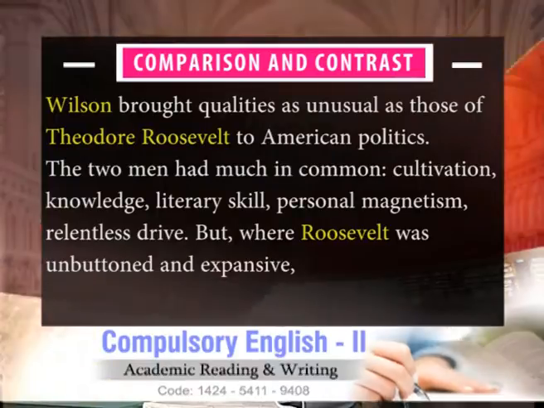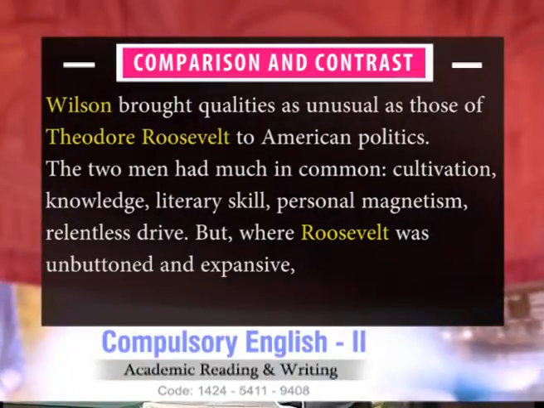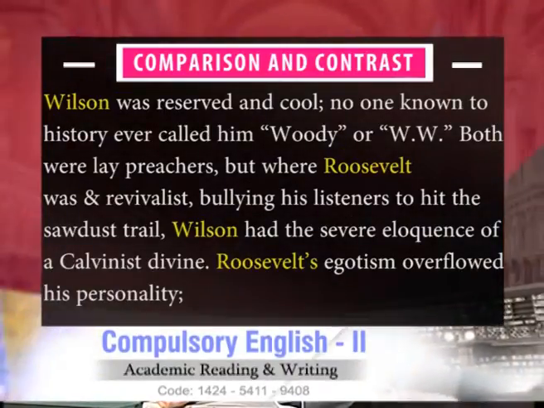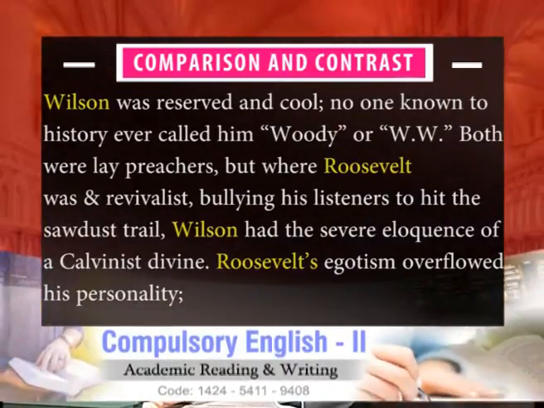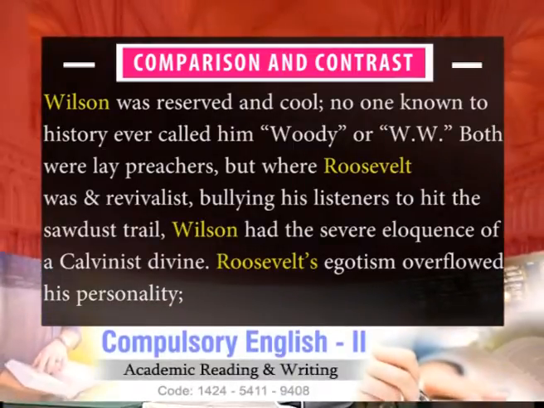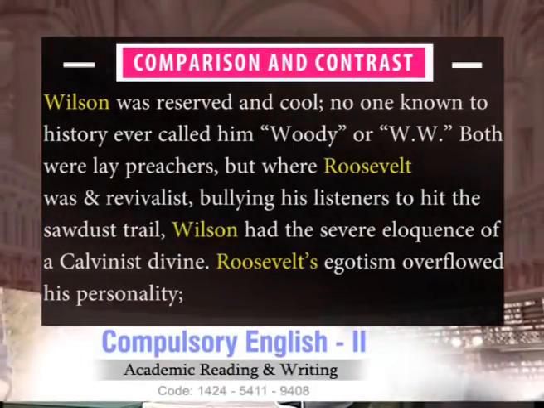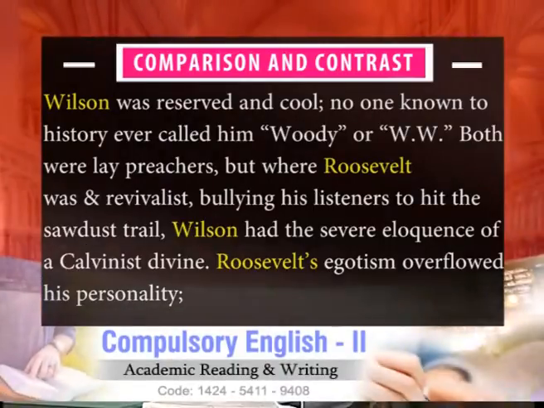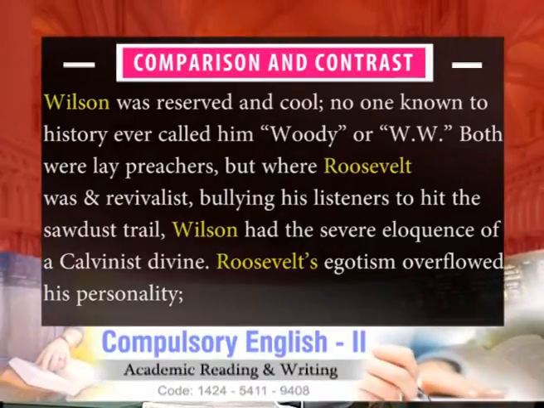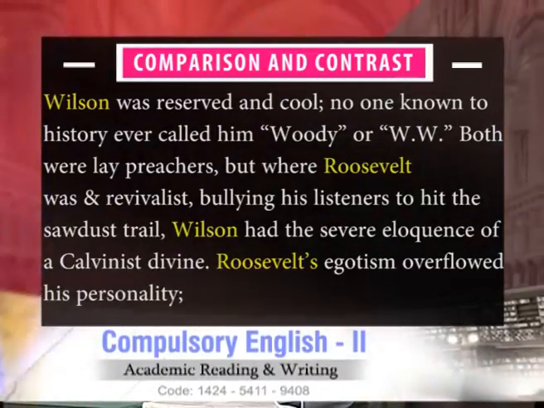But where Roosevelt was unbuttoned and expansive, Wilson was reserved and cool. No one known to history ever called him Woody or WW. Both were lay preachers, but where Roosevelt was a revivalist, bullying his listeners to hit the sawdust trail, Wilson had the severe eloquence of a Calvinist divine.